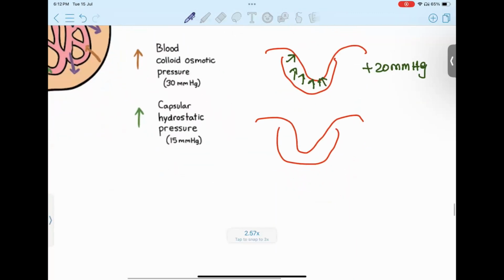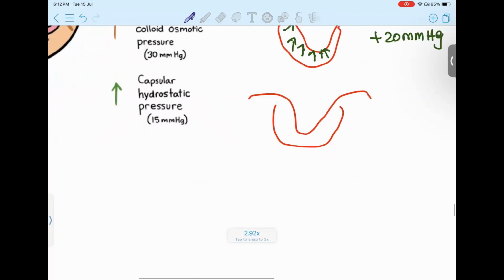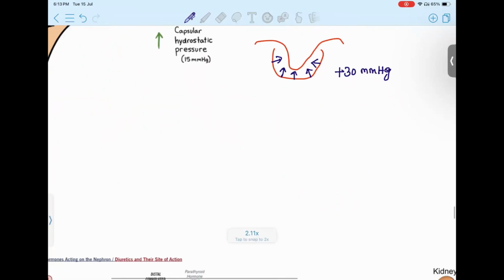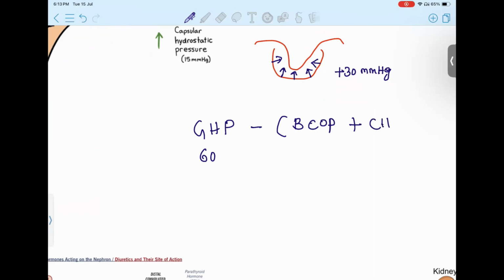Next, along with the colloid pressure, the capsule is going to send some more pressure back. This is around plus 30 mmHg. And how to calculate this one, guys? The glomerular filtration will be the glomerular hydrostatic pressure, which is your 60 mmHg, minus your blood oncotic pressure and your capsule hydrostatic pressure.